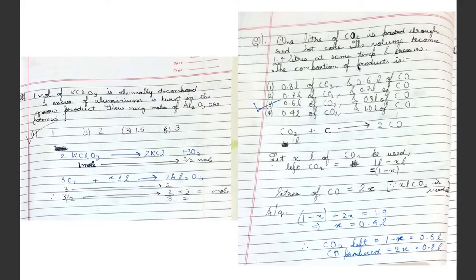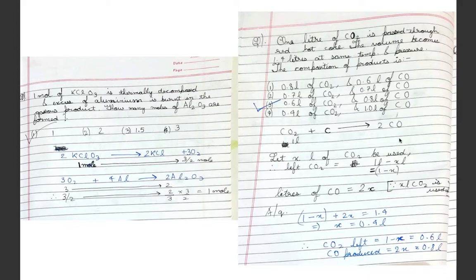So the volume that remains after the reaction would also include this 1 minus x, because not all 1 liter would be used. This would be left, and the used one would change into solid or something else.